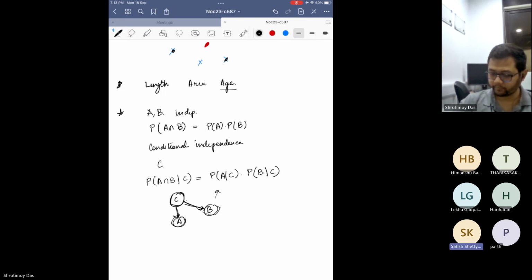The probability of A given C will be known at some point. But if you want to check the probability of A and B occurring given C, then you can do this.